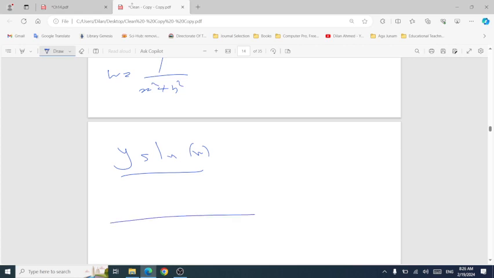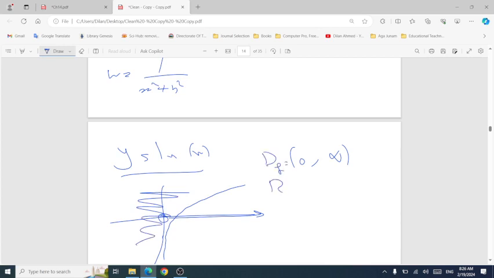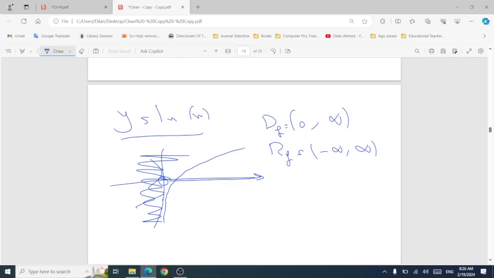So the graph was like that, right? We say the domain is from here to there. So it means the domain of this function is from 0 to infinite. Clear? How about range? All real numbers. Right? Good. The same thing is true for here.